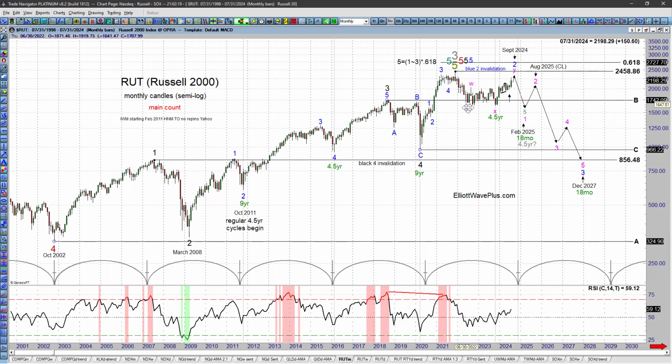And that was followed by wave one to the downside. And ever since mid 2022, we've been in a sideways corrective pattern on the Russell, and it's going to give way to the downside. And yes, going to get a recession. A lot of people say, yeah, but if the Fed cuts, that's really good for small companies. Well, no, it's not, because the reason the Fed would cut would probably be because the jobs report would continue to weaken.